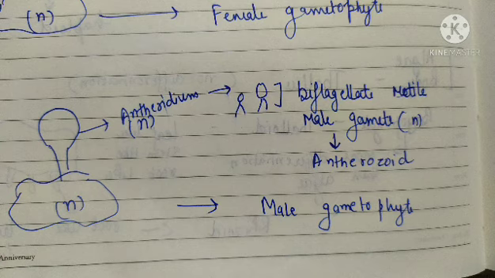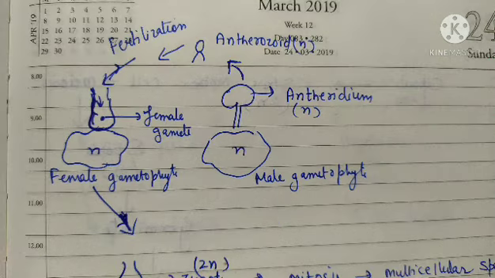When the fertilization has to take place, these male gametes, that is antherozoids, move towards the archegonium, enter inside it and fuse with the egg. Both the antheridium and archegonium are haploid and have produced the gametes by mitosis. Therefore, the gametes are also haploid.